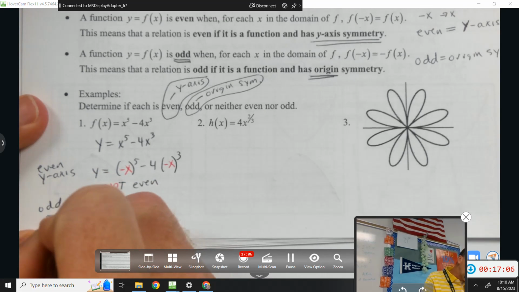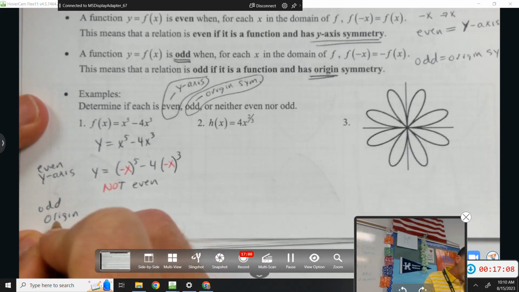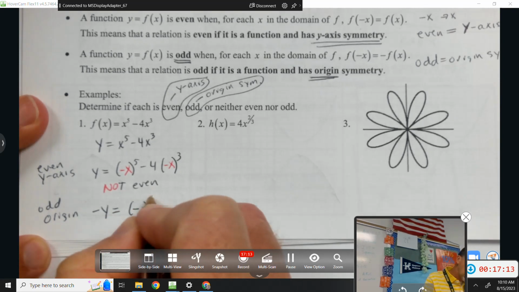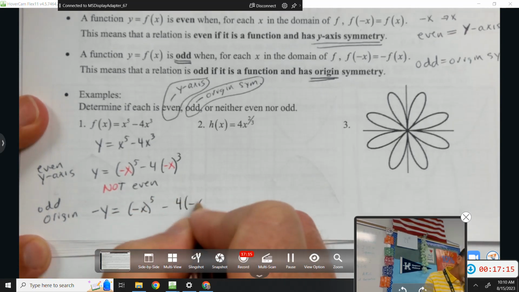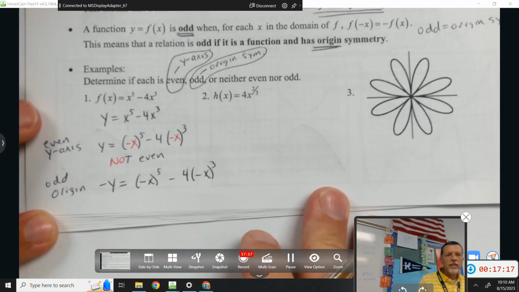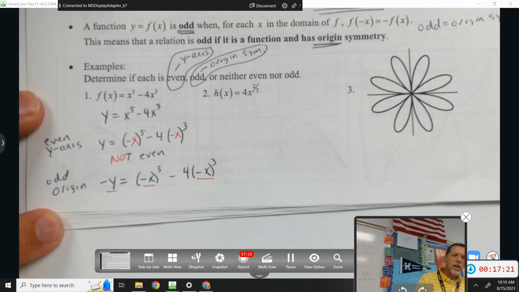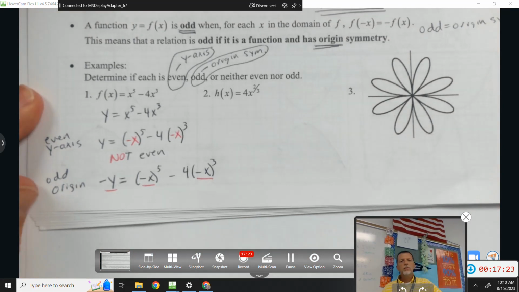Odd is the same as origin. So that means change the y's and the x's. Negatives all over the place again on this one. Ooh, what do we think about that one?